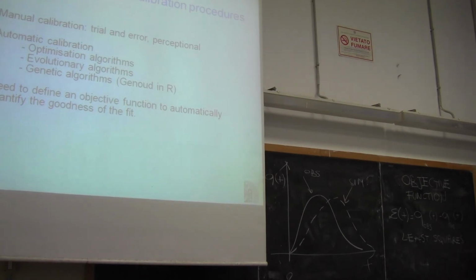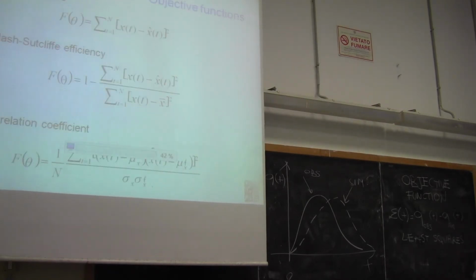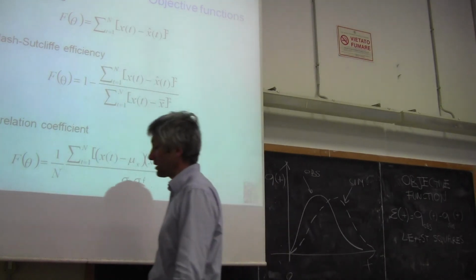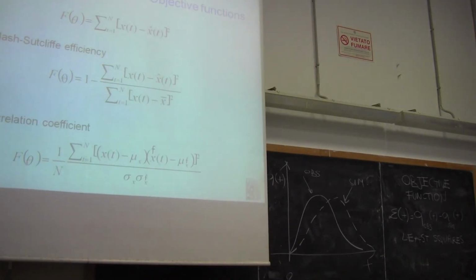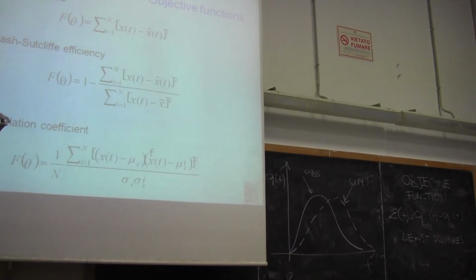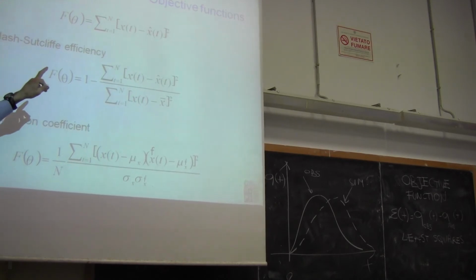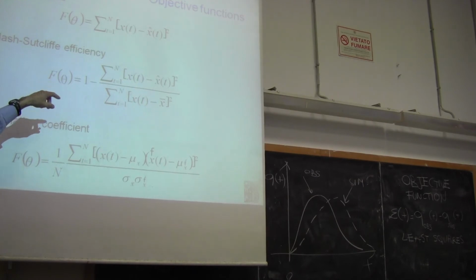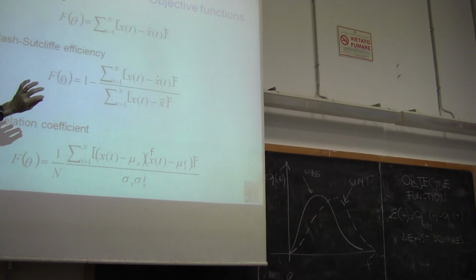Least squares, which is on the top here. And here, basically, I used x instead of Q to indicate the variable that is simulated, because this is a general treatment, so I prefer to use the general symbol.